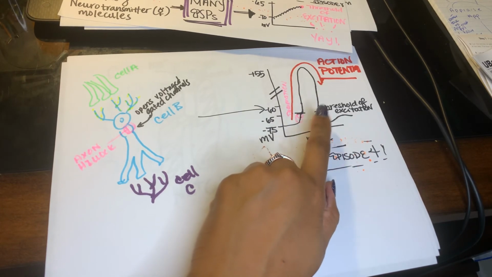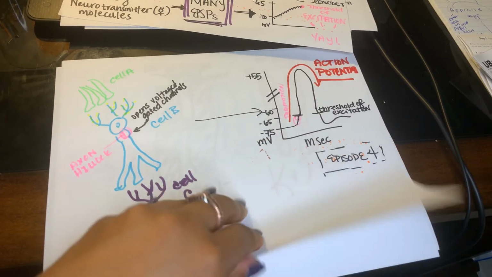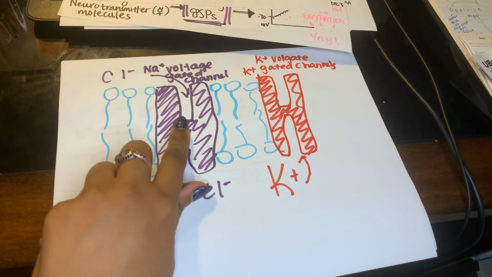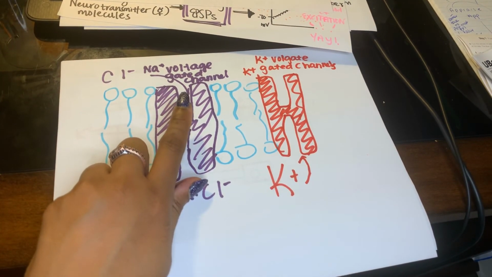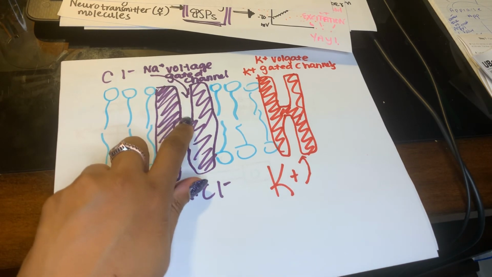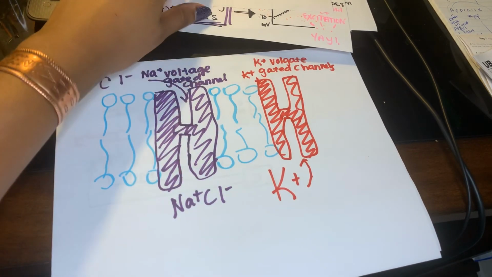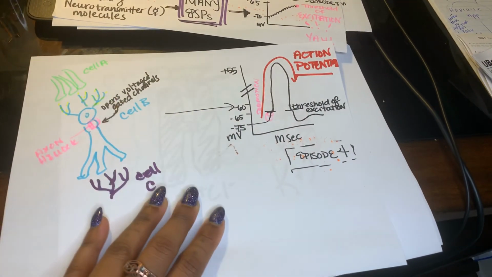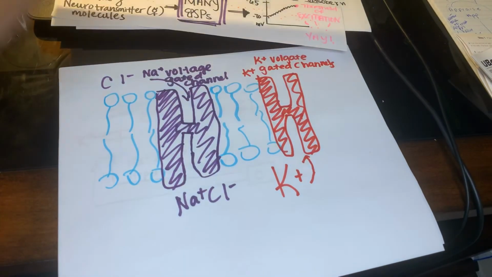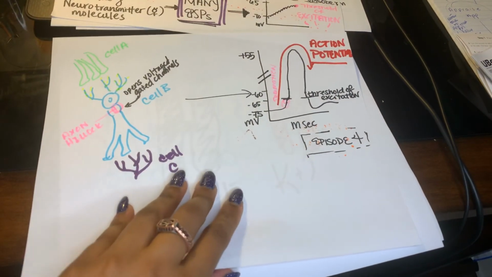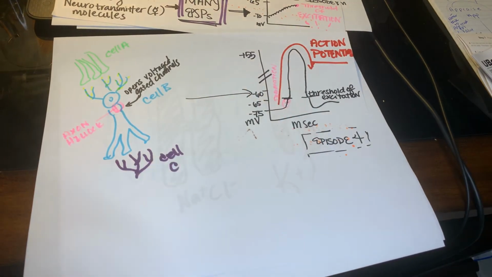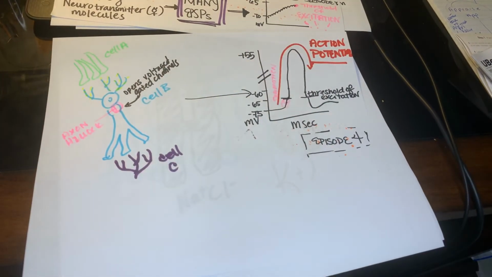Then there's a massive influx of sodium coming into the cell that it reaches positive 55 millivolts, which is called massive depolarization. At that point, sodium will reach equilibrium, but the potassium gates open.